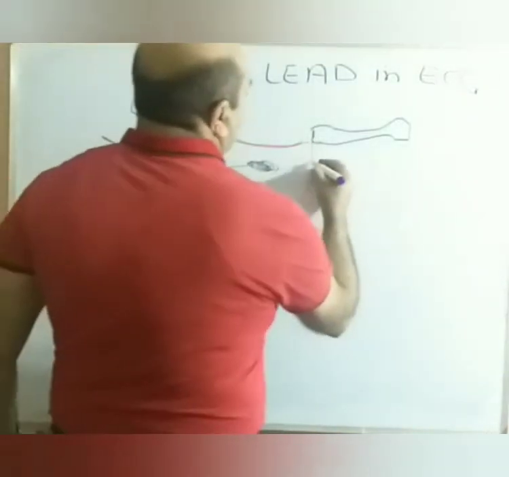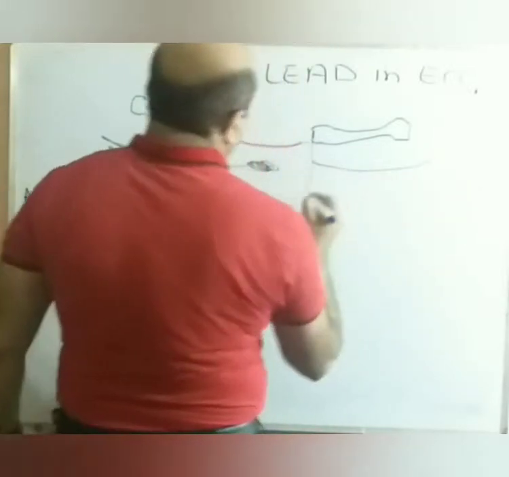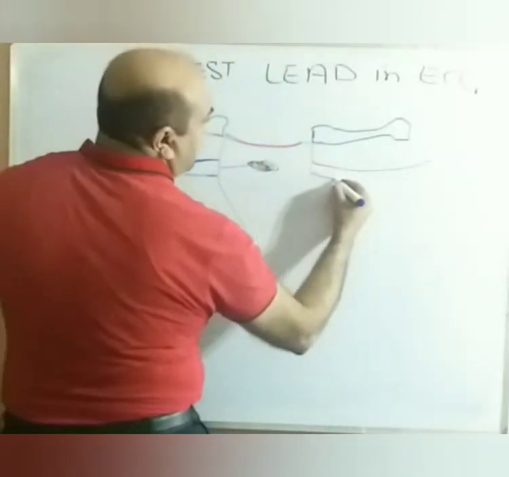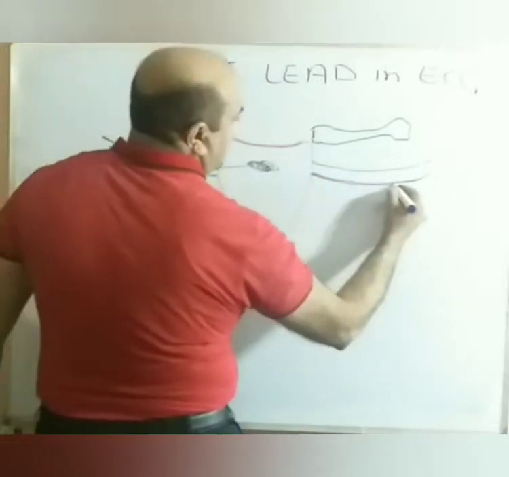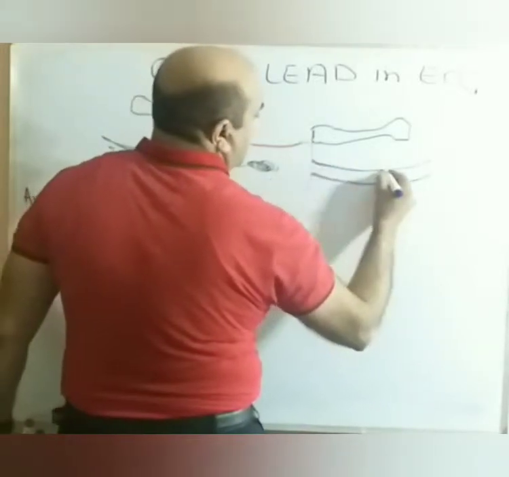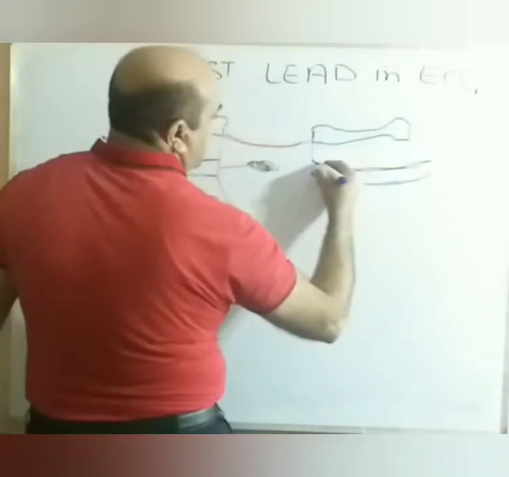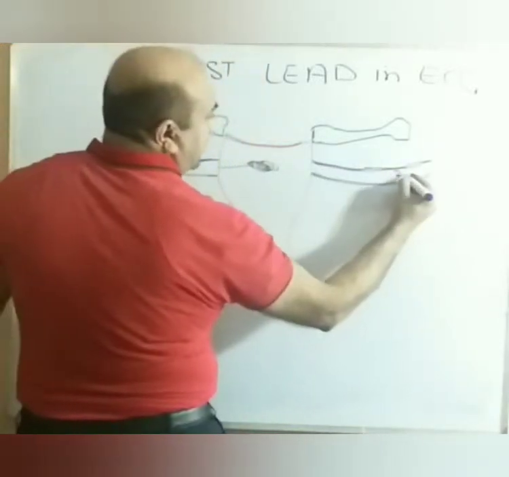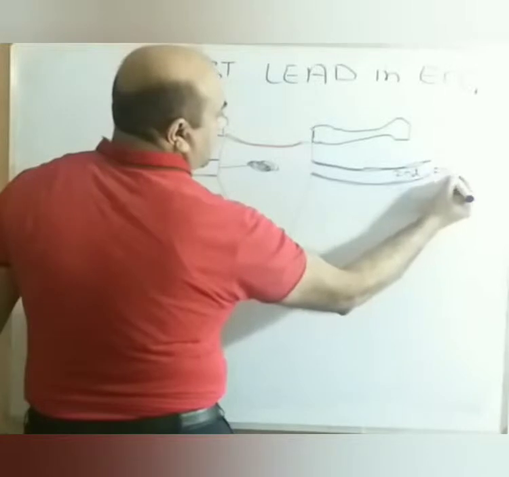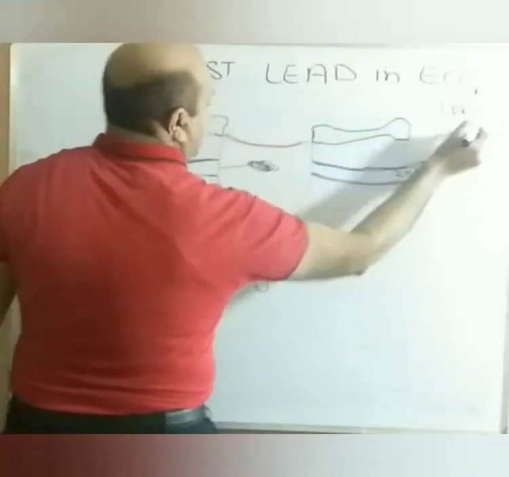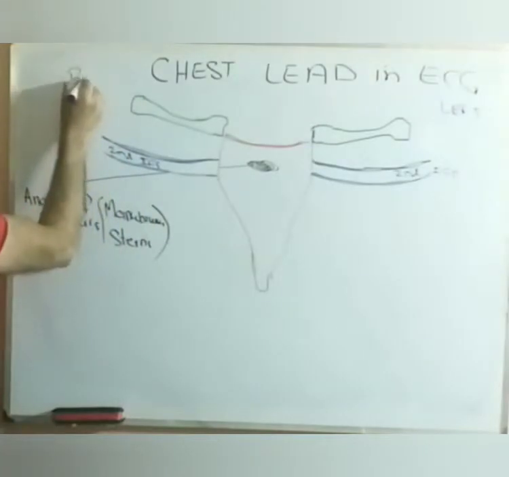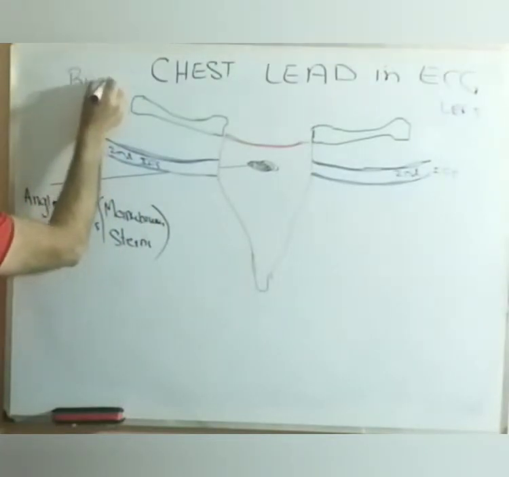This is the second intercostal space on the left side. This is left side of the patient. This is right side of the patient.